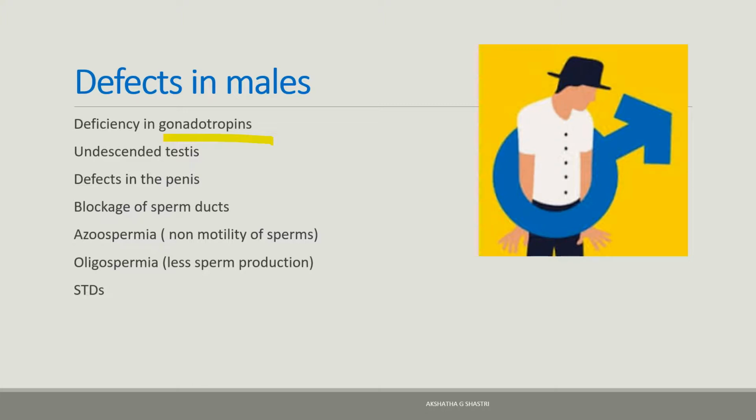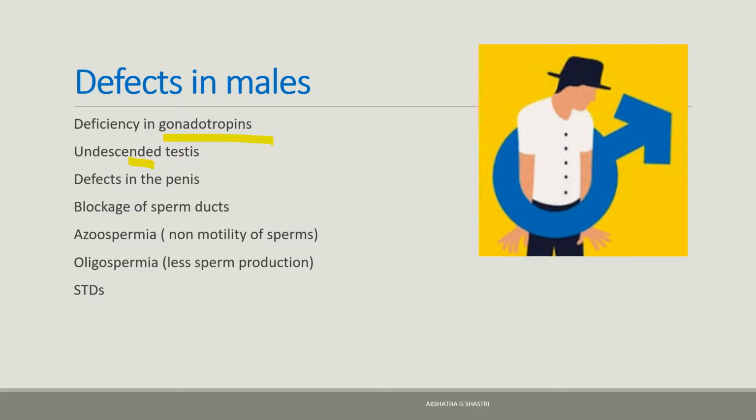The second reason is undescended testes. That means the testicles have not moved into the bag of skin, the scrotum. This may be due to reasons before birth. Next is defects in the penis, that means penis disorders.